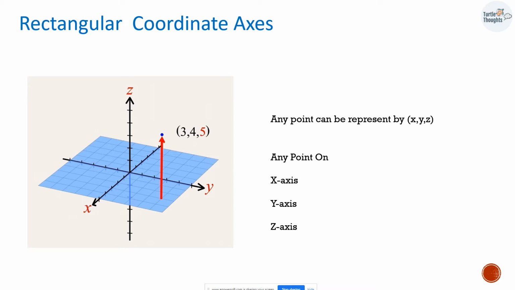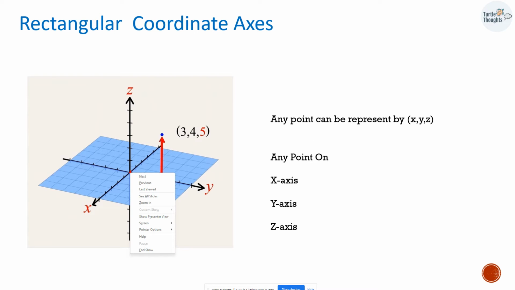I can define rectangular coordinate axes as three lines which are mutually perpendicular to each other, meaning that x and y are perpendicular, y and z are perpendicular, also z and x are perpendicular, and they intersect at a point, and this point is called the origin. These three lines together are called rectangular coordinate axes.